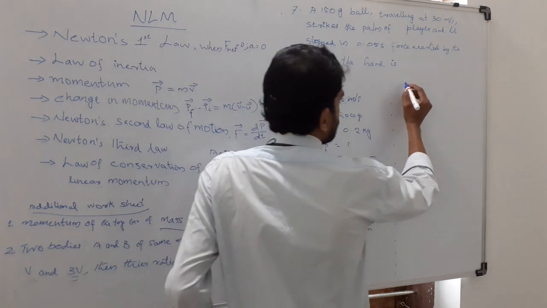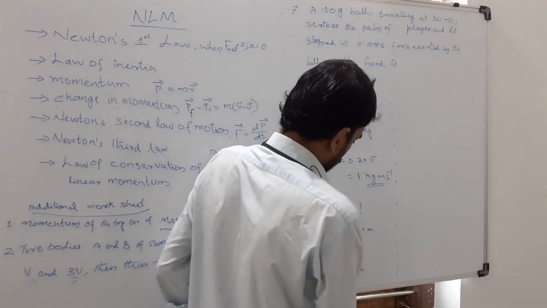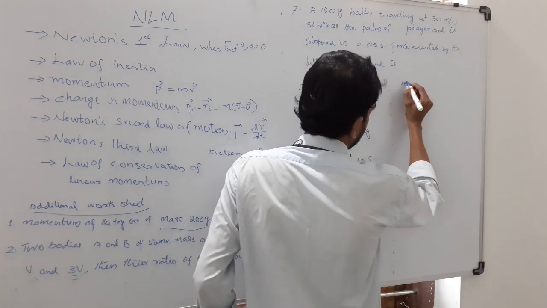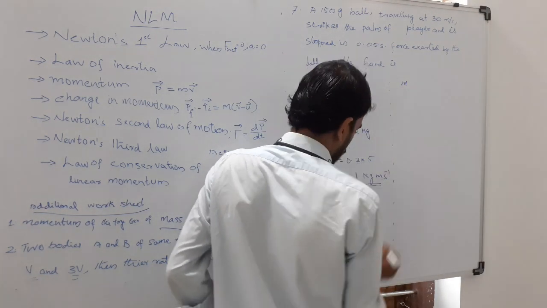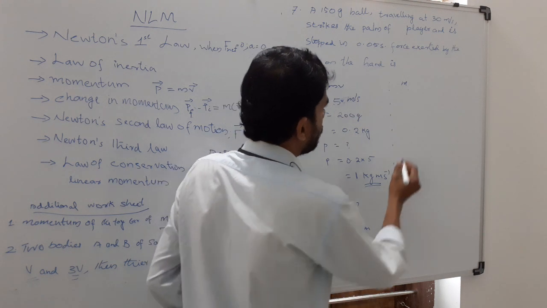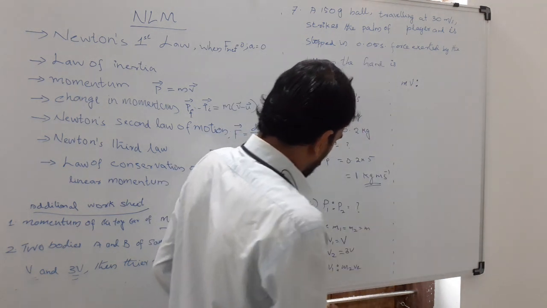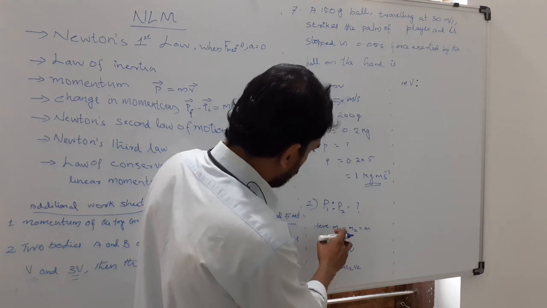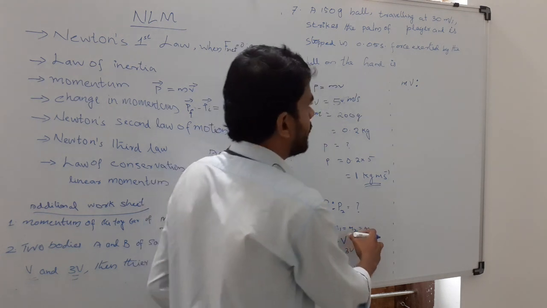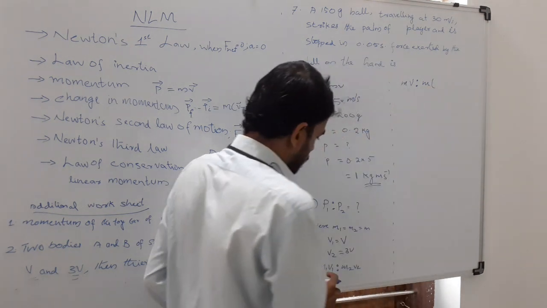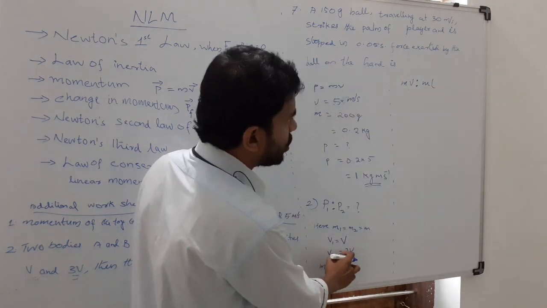Now just look at it. What is m1? m1 is nothing but m. What is v1? v1 is v. So mv is to what is m2? m2 is again m. And what is v2? v2 is 3v.